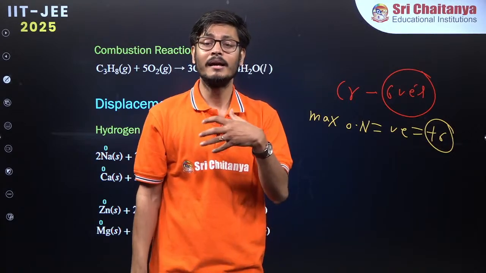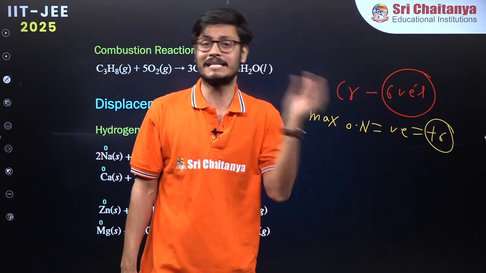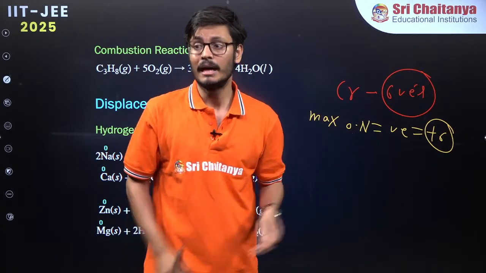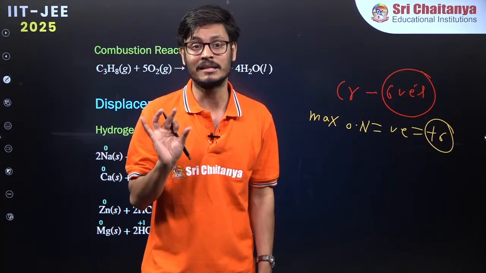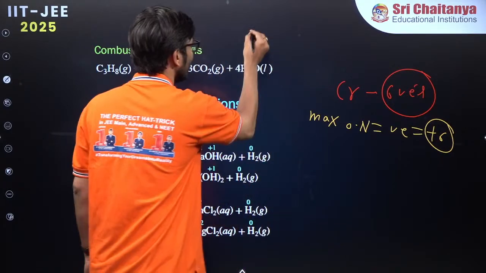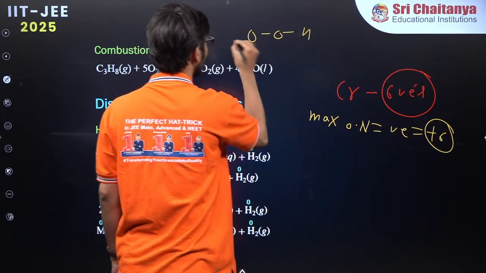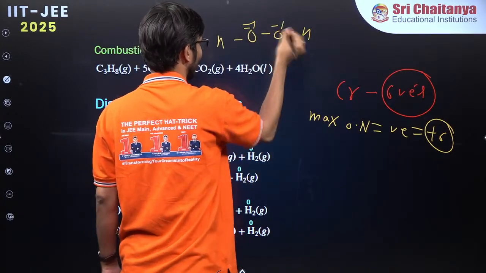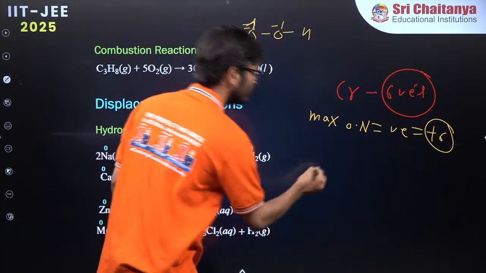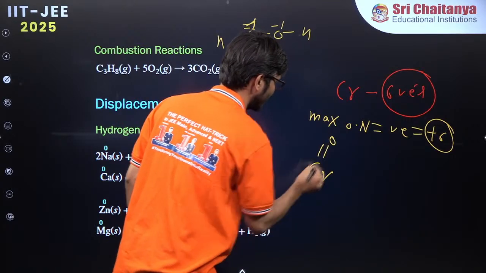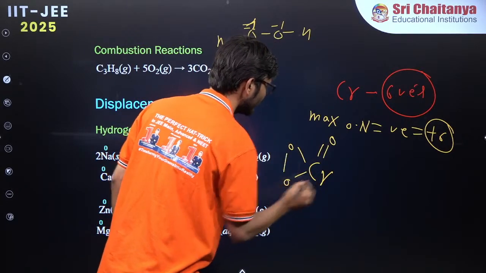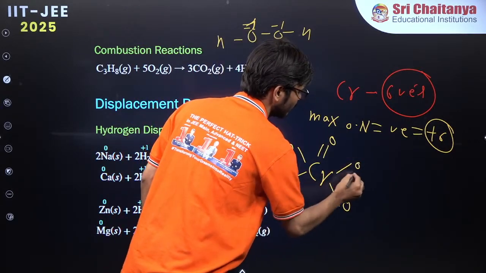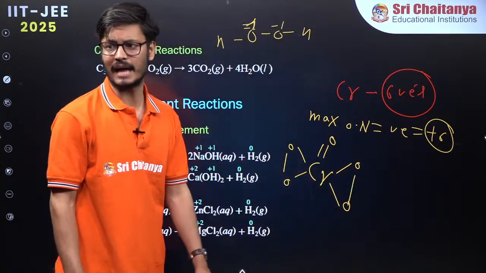So whenever the oxidation number increases beyond its limit, there is something called a peroxide linkage. This linkage we studied is known as peroxide linkage. That means oxygen will not have minus 2, it will have minus 1. So if you look at the structure, this is the chromium oxide structure, CrO5. This is called a butterfly structure. You will study these structures in higher classes.